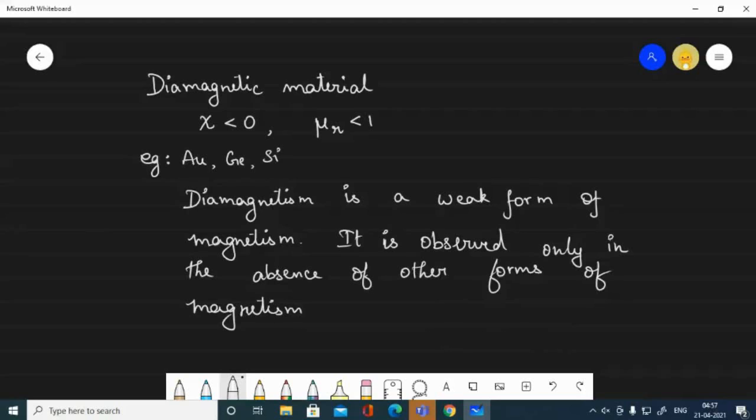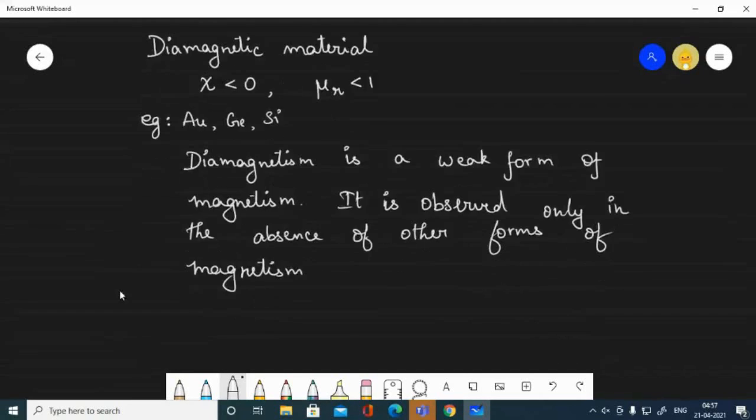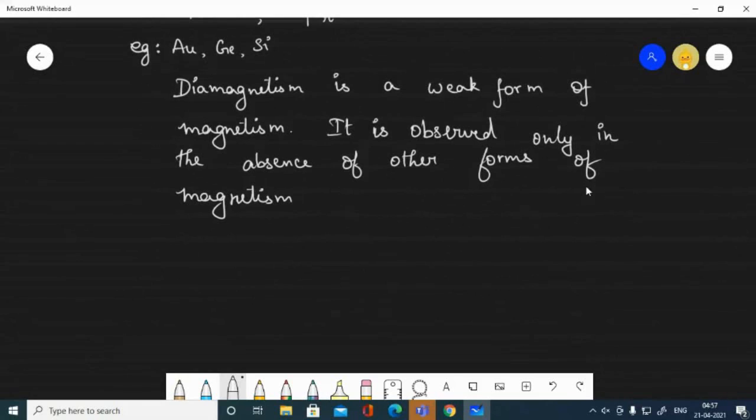It can be observed only when the external field is present. It is present only when the external field is applied.